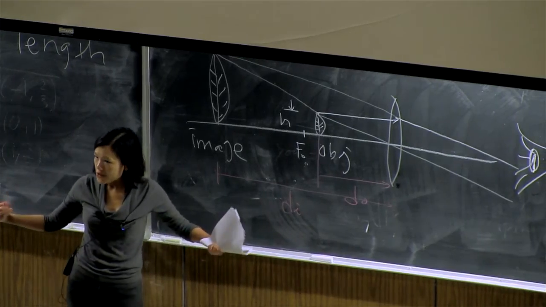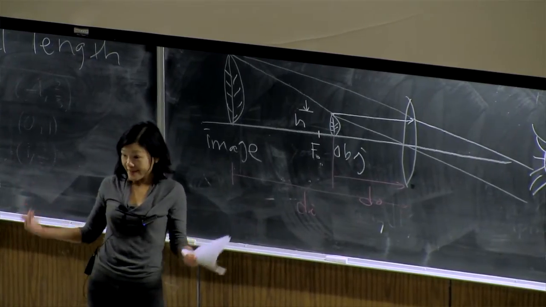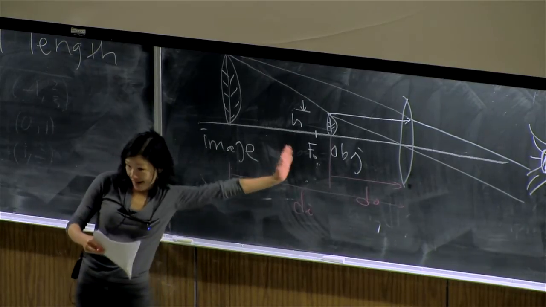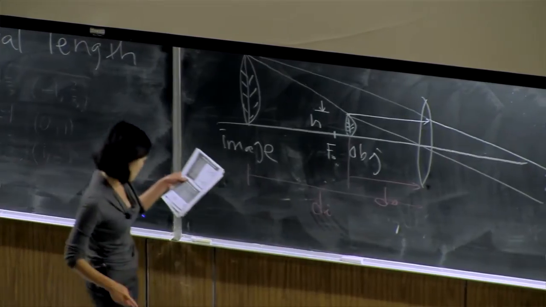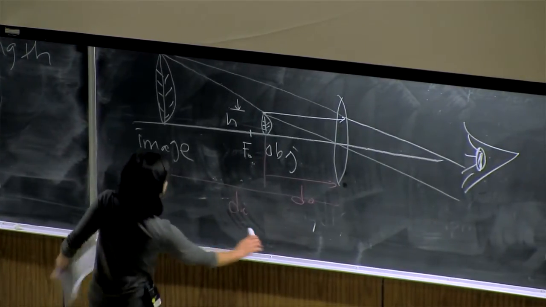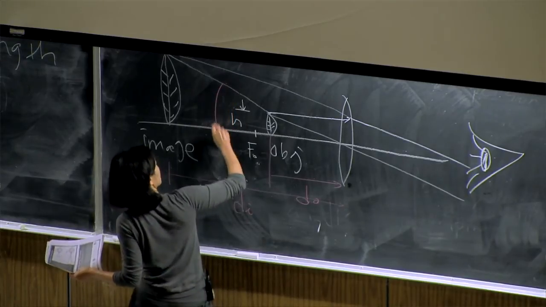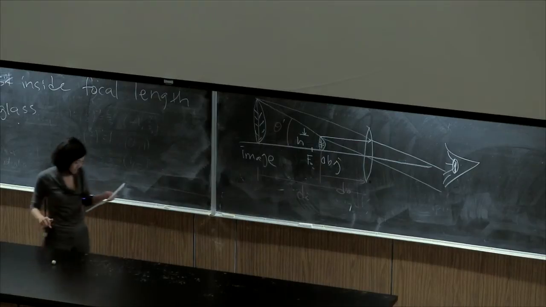And the reason why I want to define these distances is the fact that you already encountered the lens equation. Right? So I want to define the various distances first. All right, so this angle here, let's call it theta prime. All right?